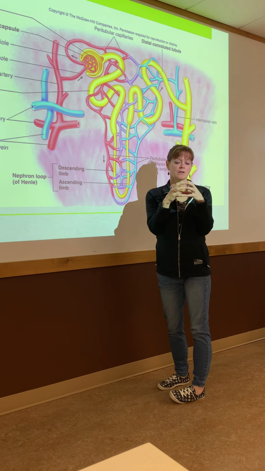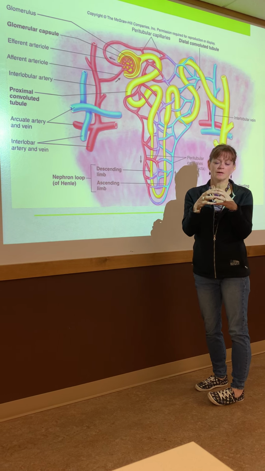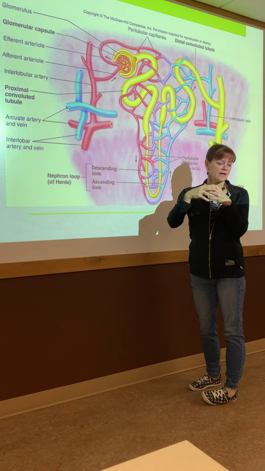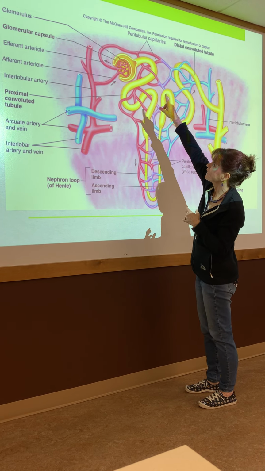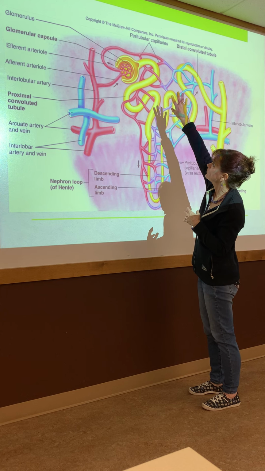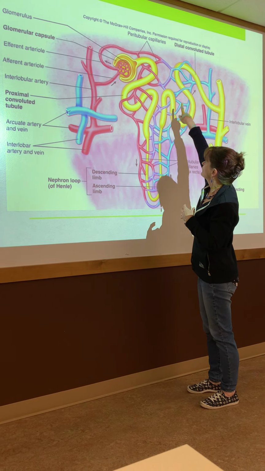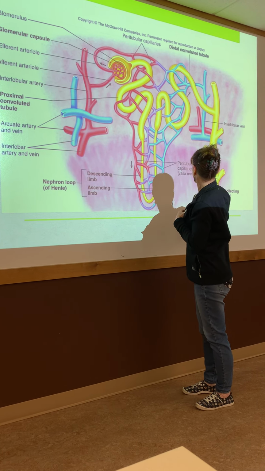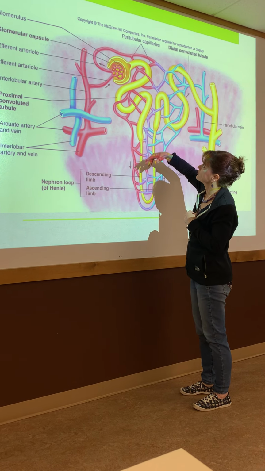So that plasma, which has ions and nutrients and wastes and the dissolved stuff, that's what leaks out. And once it leaks out, we call it filtrate because it's caught by the Bowman's capsule. It's going to go into the proximal convoluted tubule, loop of Henle, distal convoluted tubule, collecting duct. Collecting duct's going to dump into the center of the kidney, the ureter, and the bladder, etc.